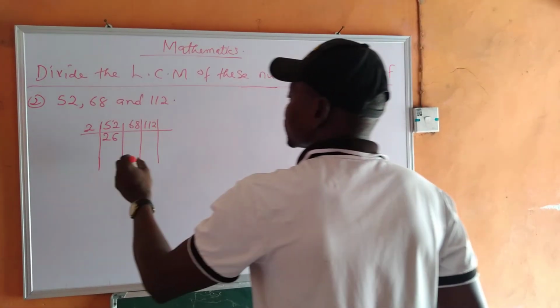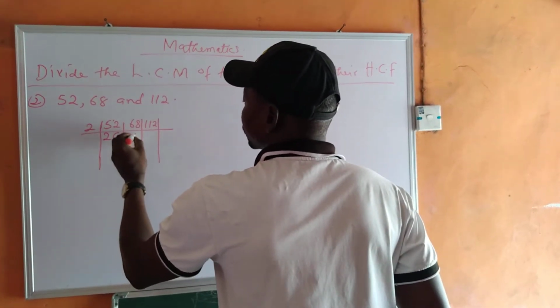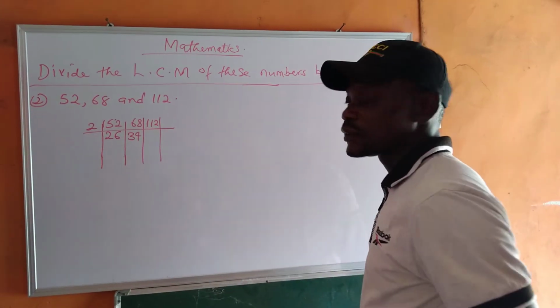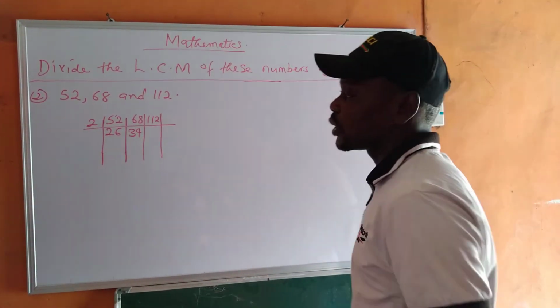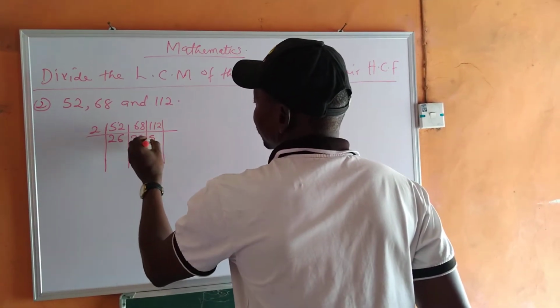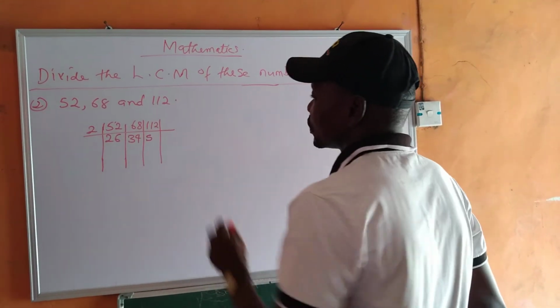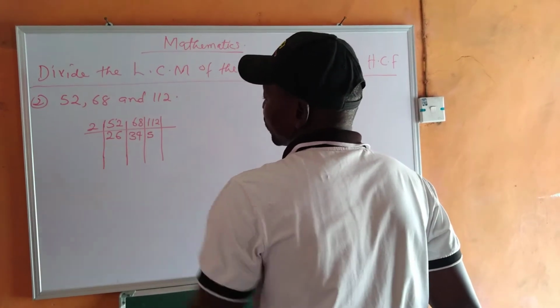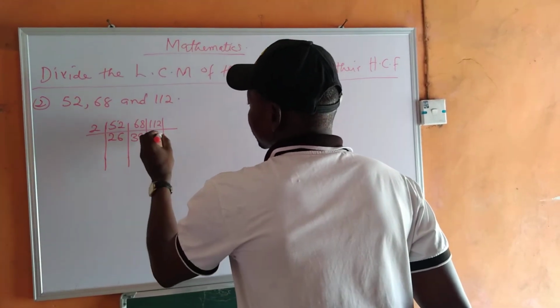So 2 in 68 we have 34, and then 2 in 112, 2 in 11 we have 5, and 2 in the remainder 1 we put it here, 2 in 12 we have 6.